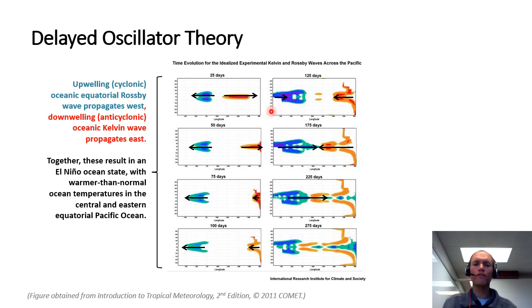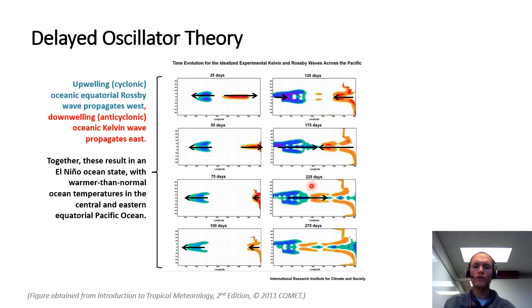And so these reflected waves then propagate, the Kelvin wave eastward, the equatorial Rossby wave westward, over the course of time. And so through the first 100 days, even through the first 125 to 175 days, this combination of waves are resulting in an El Nino ocean state. Net accumulated cooling in the western Pacific and warming in the eastern and central Pacific basin.